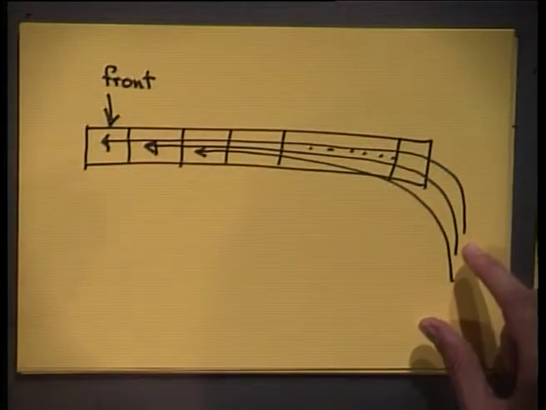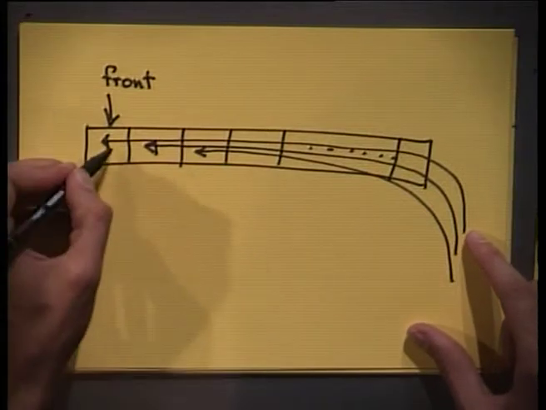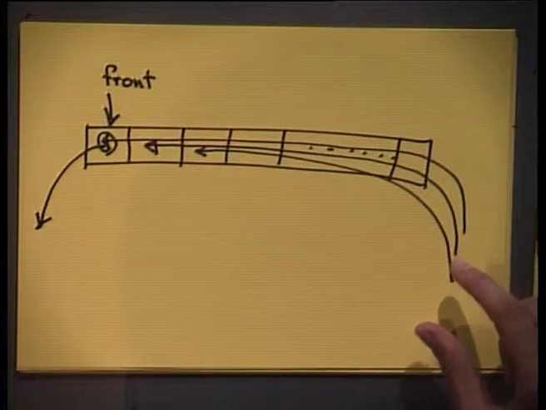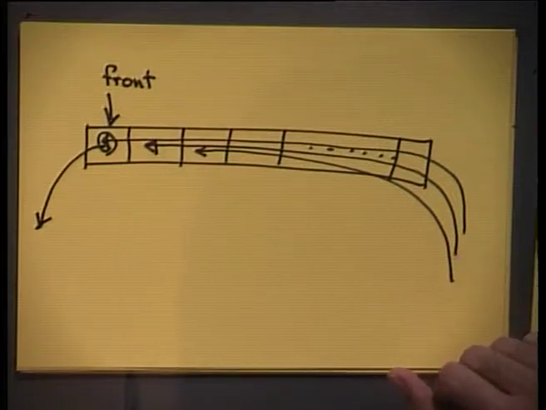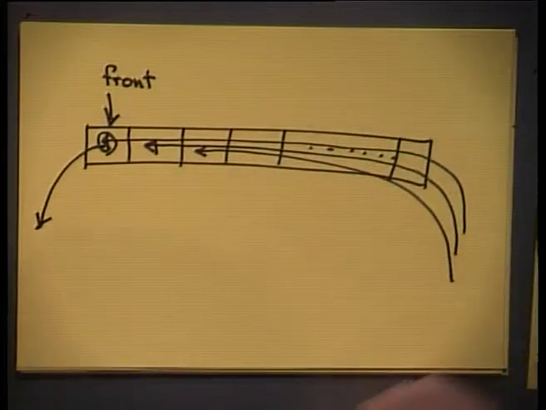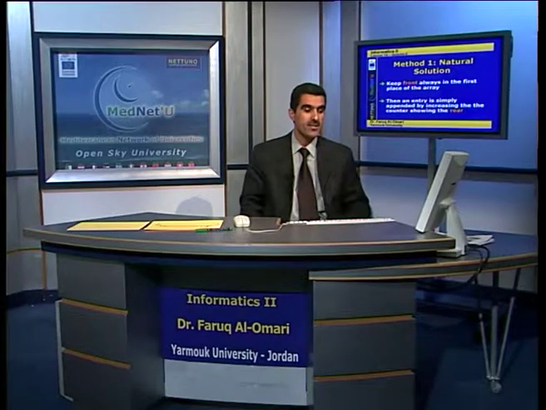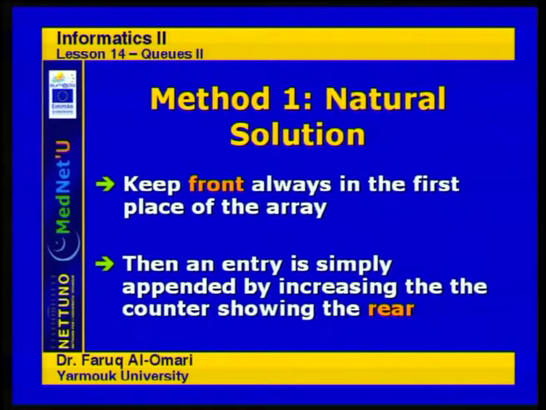Okay, now it's time to serve. Well, this person is going to go out of this queue. What to do? Let's see. An entry is simply appended by increasing the counter showing the rear.